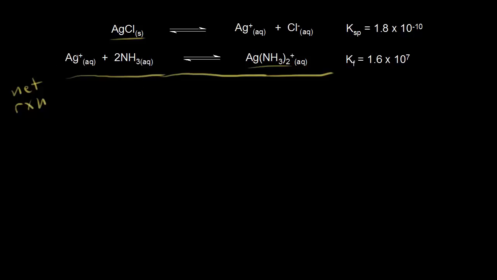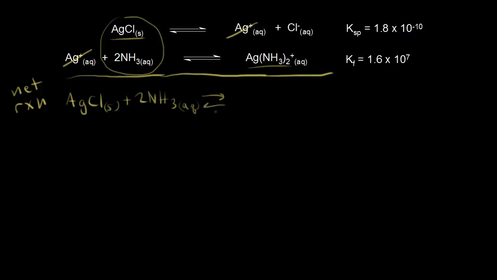We have silver cations on our reactant side and on our product side, so we can take those out. And so for our reactants, for our net reaction, we have solid silver chloride plus ammonia. And for our product side, we would have our complex ion and our chloride anion, Cl-.